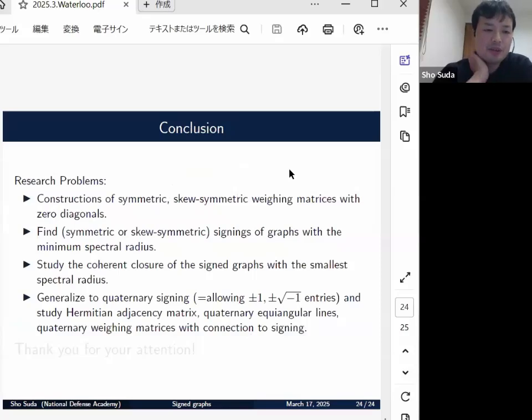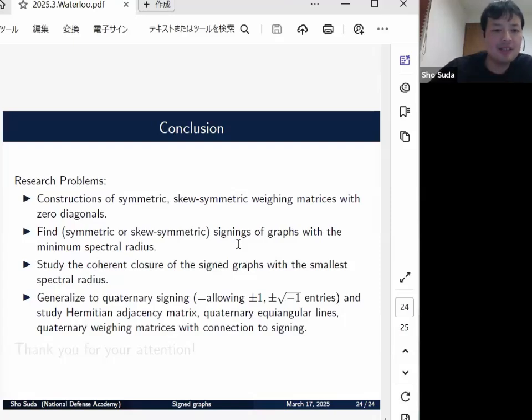Finally, I want to share some open problems related to my talk. The first one is that it would be desired to give more constructions of symmetric or skew-symmetric rank matrices with 0 diagonals. Also, it would be interesting to find signings of graphs with minimum spectral radius.